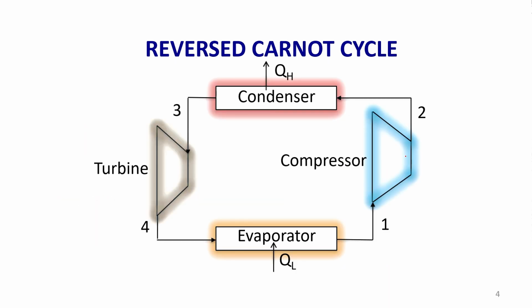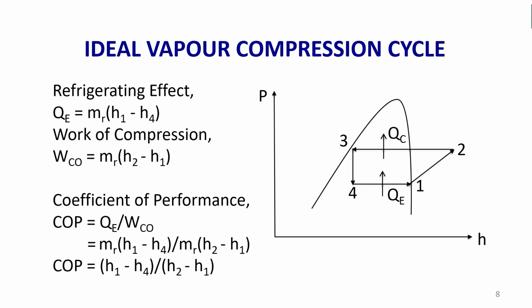So, here also let me write, this is the work of compression. This is the refrigerating effect. The refrigerating effect is produced during the process 4 to 1.